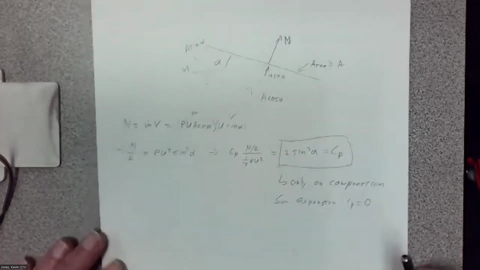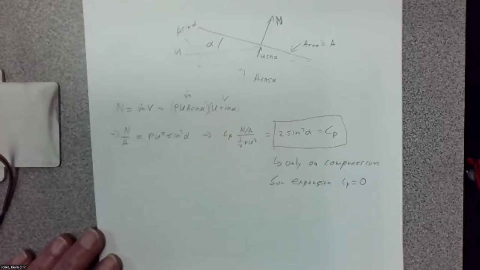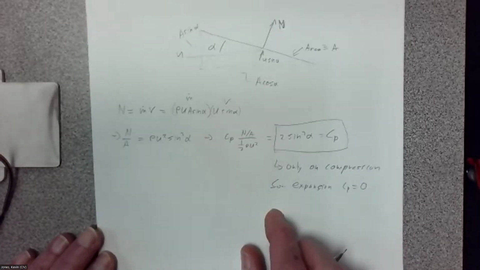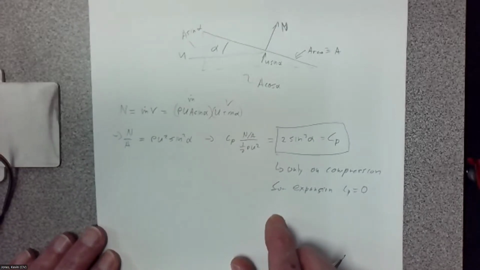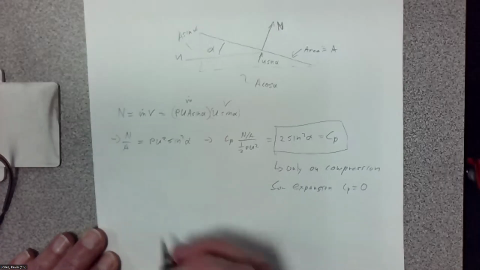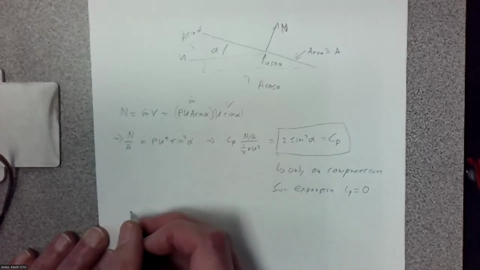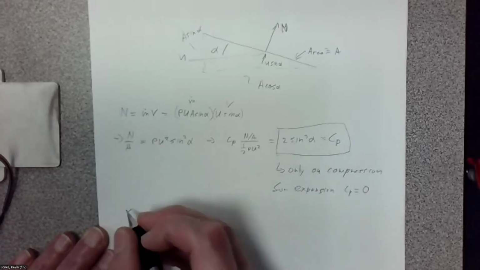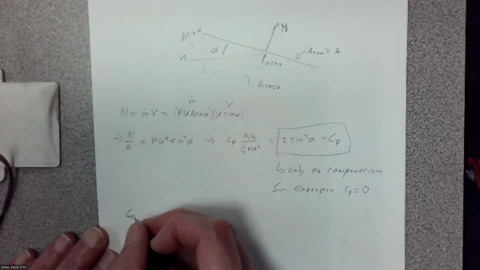I can actually go ahead and apply this to a problem. So I guess it's the same problem. We can solve for CL, CD, and CN. So CN will be the coefficient in the normal direction.